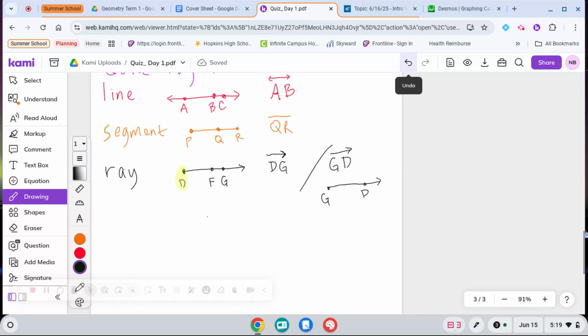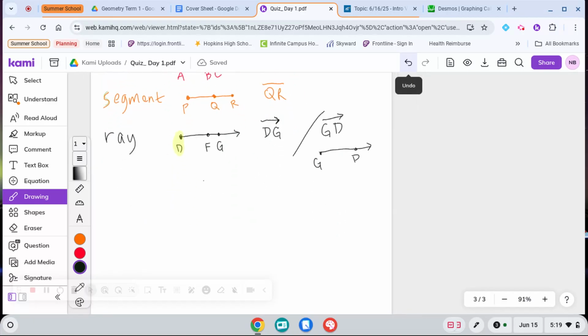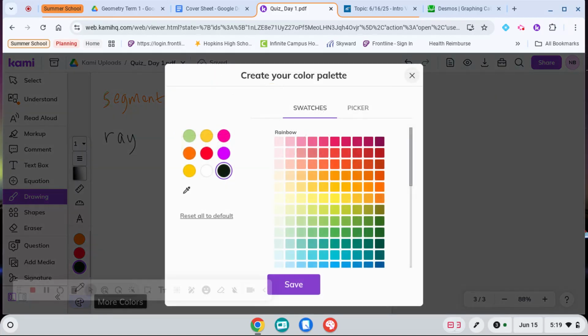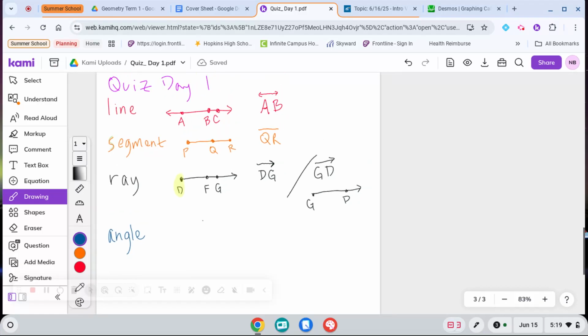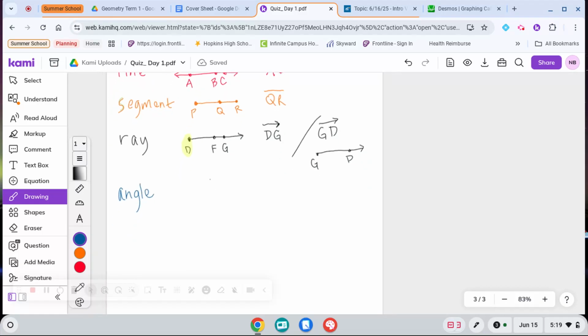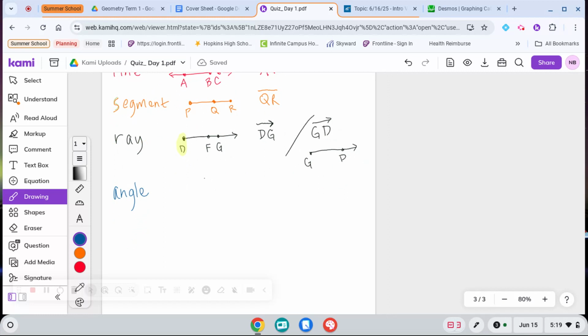All right. And then the fourth and kind of last major thing for this particular lesson is an angle. So all of these have been just singular lines, but an angle is going to be when two lines come together.